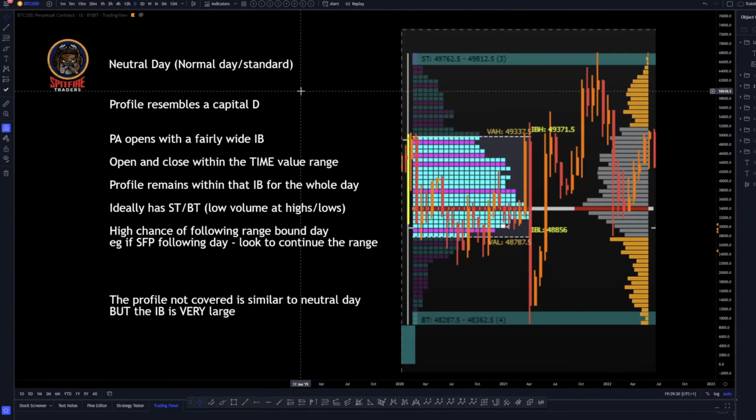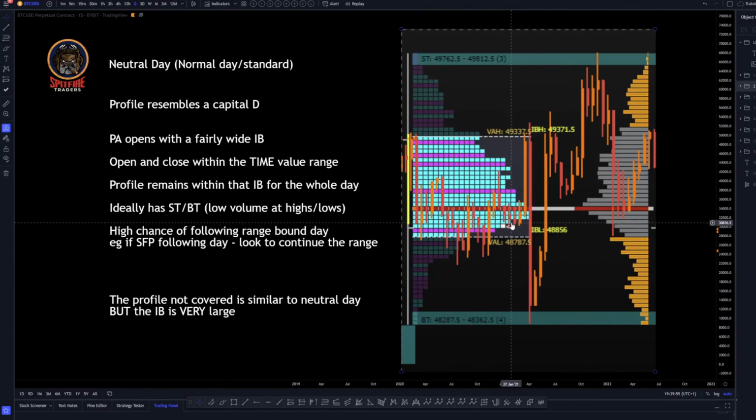Now, what it takes to be a neutral day is the wide initial balance, and you open and close the day within the value range. This is really, really important. In fact, all these are more rules rather than guidelines to follow. So price opens in the value range and closes. We can see this little arrow here. I'm hoping you guys can see it on your screen.